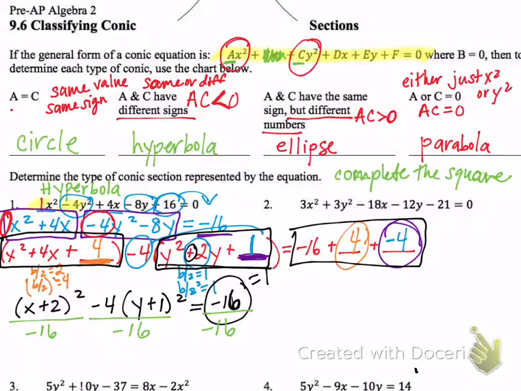So my standard form would be, this first term, when I divide by negative 16, nothing happens to it. So I leave it as x plus 2 squared over negative 16. And then the negative 4 and the negative 16, what happens to that? It just becomes over 4.